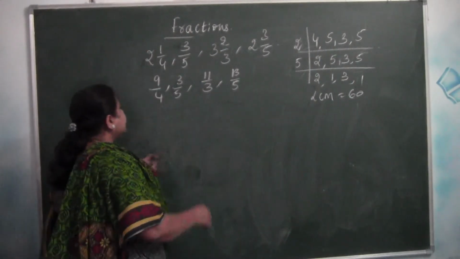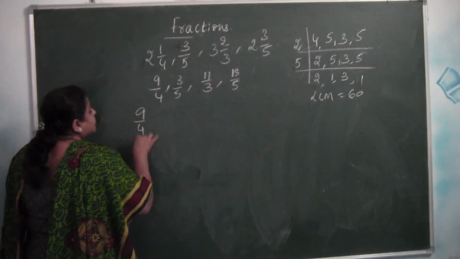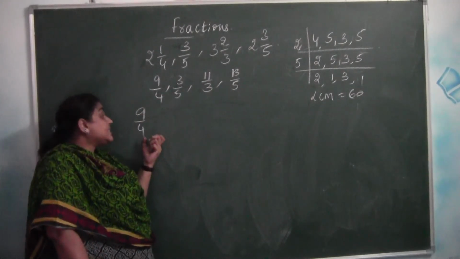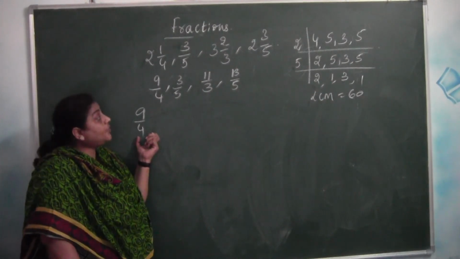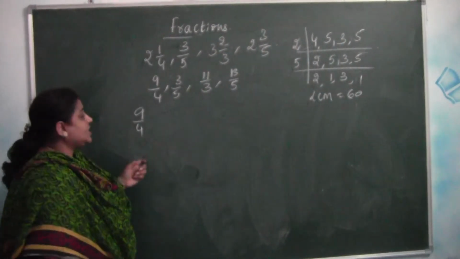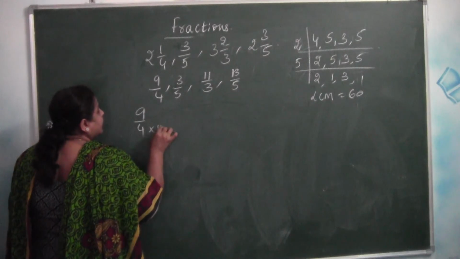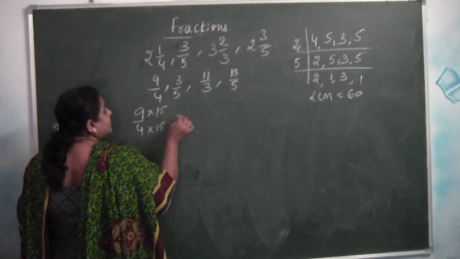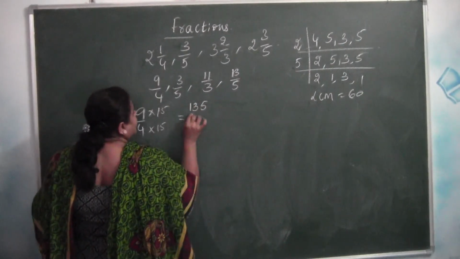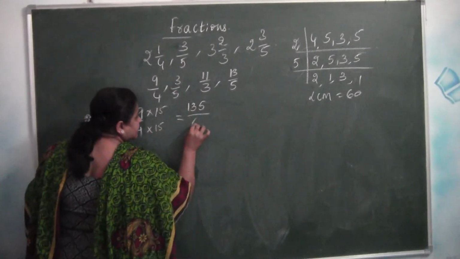Got it? Now let us take the first fraction, 9 by 4. 60 divided by 4, how many times? 15. Into 15, into 15. So 15 9s are 135 by 60.